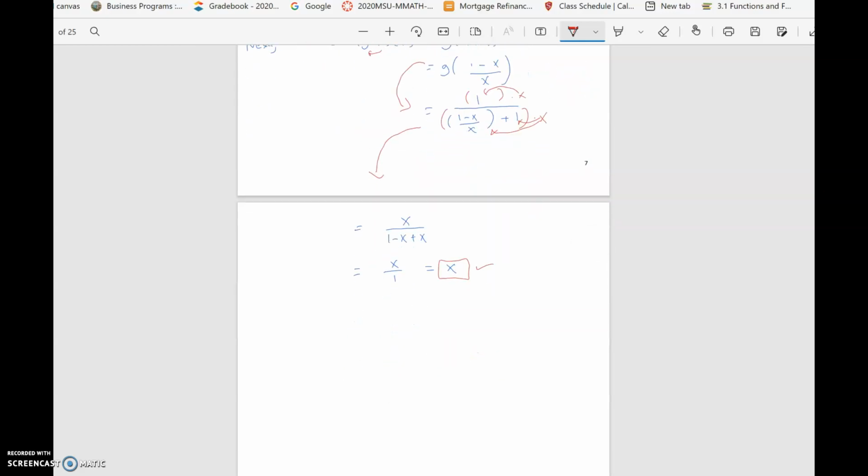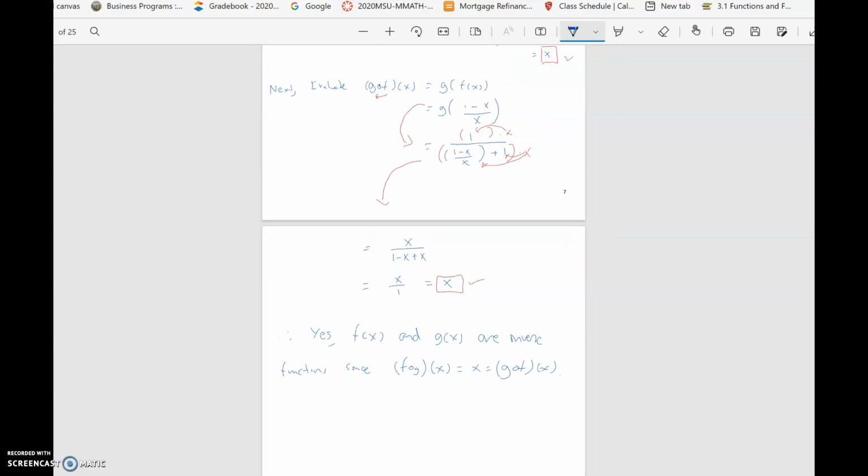At this point, we can conclude that yes, f of x and g of x are inverse functions, since f of g of x gave us a single x, and this is the same as g of f of x.